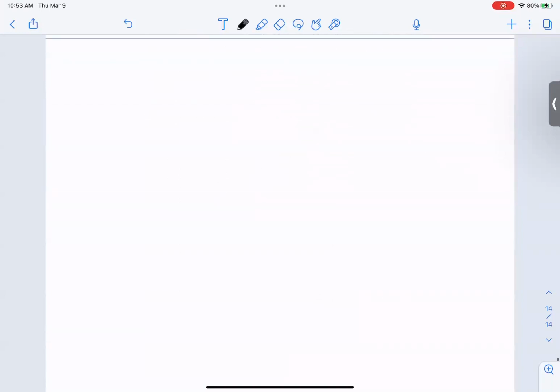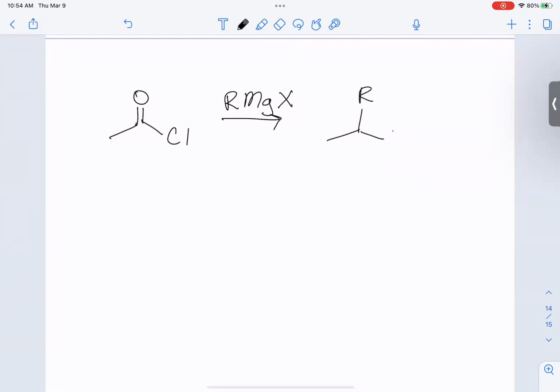The last thing that I'm going to do, and then we're going to be done as far as what you're required for exam 2, is if you take an acid chloride and react it with a Grignard reagent, you add 2 R groups and get an alcohol. So it adds twice. The first step would be that, and the second step would be HCl.